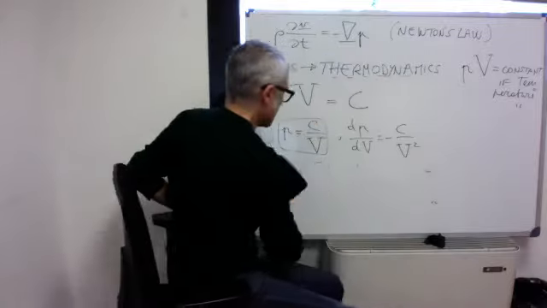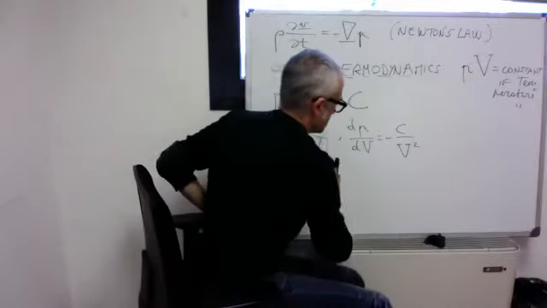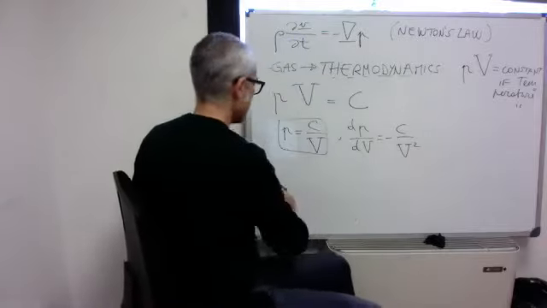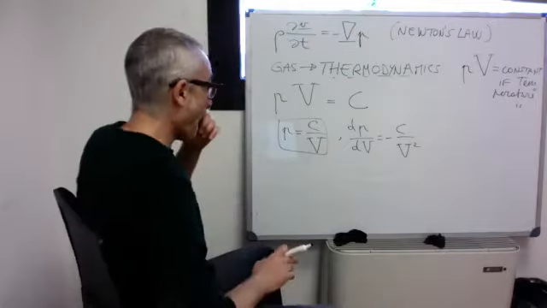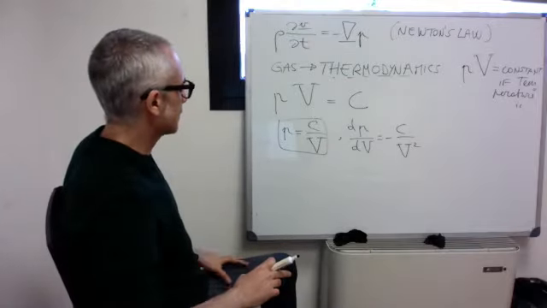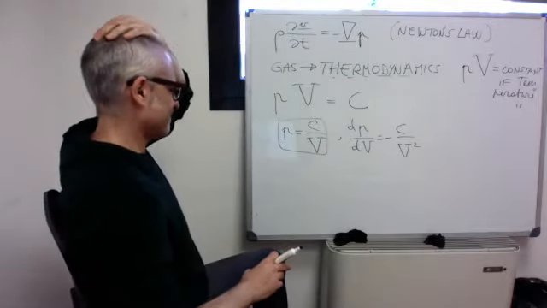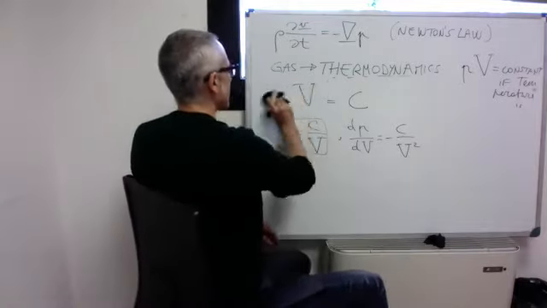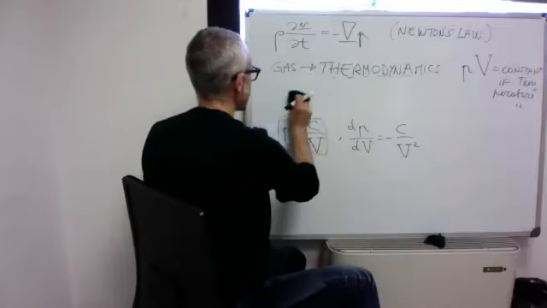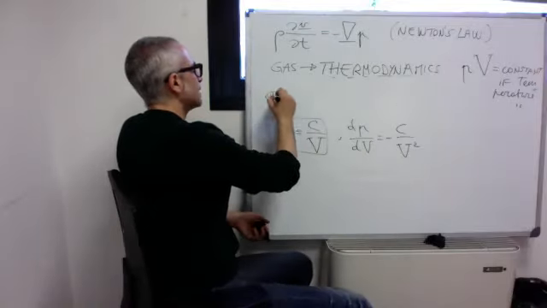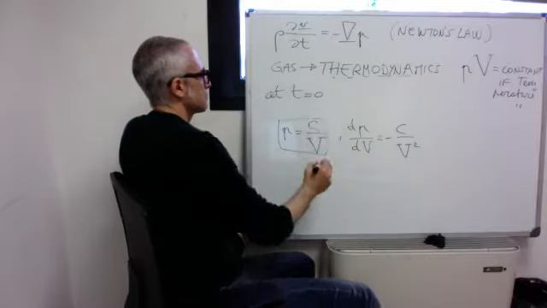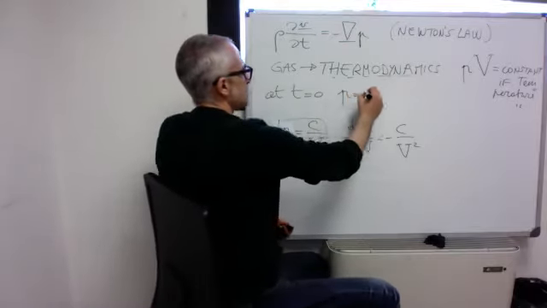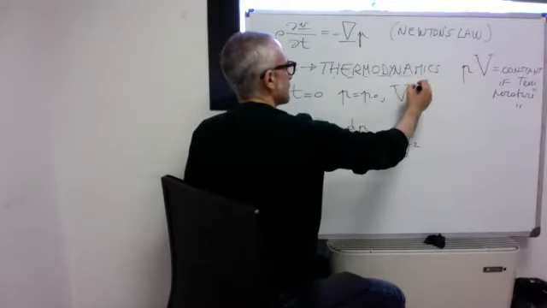Up to here, it's fine. All I'm saying is, how do I calculate a value for this constant C? At the beginning, at time 0, I define P as P0 and V as V0.